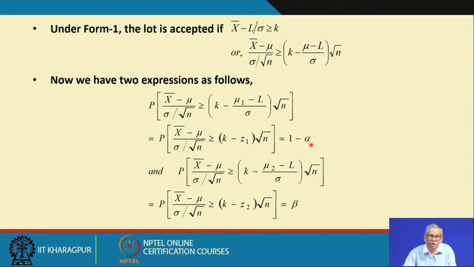What is alpha? Alpha is the producer's risk. In a similar fashion, when mu changes to mu2, you get the probability that (x bar minus mu) by (sigma upon root n) is greater than or equal to k minus Z2 into root n, which equals beta. What is beta? That is the consumer's risk.